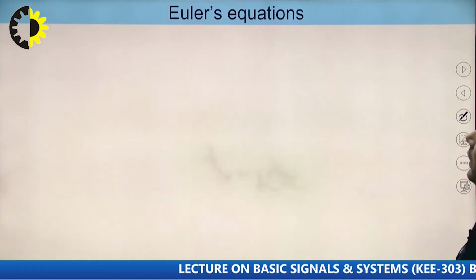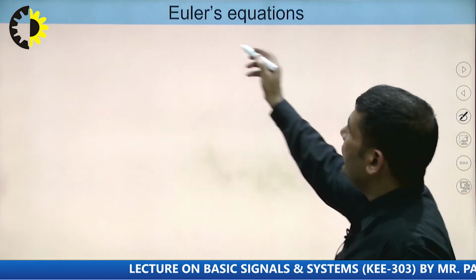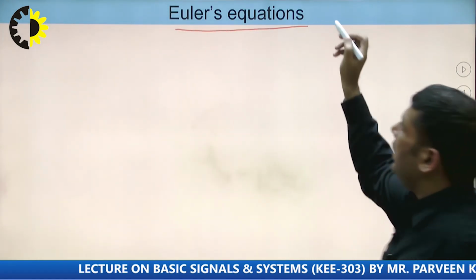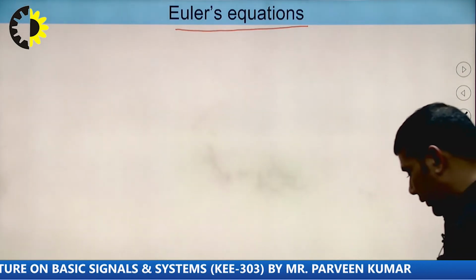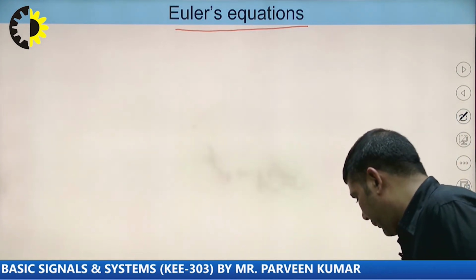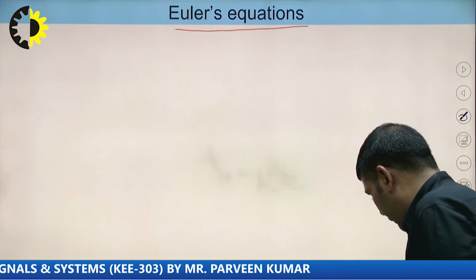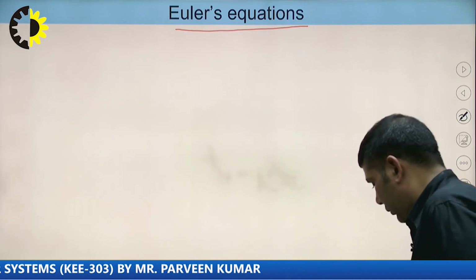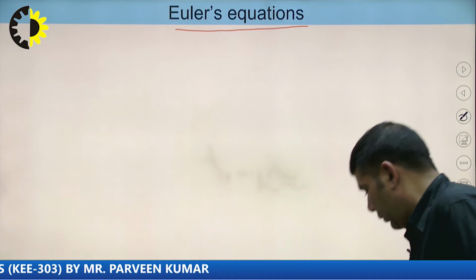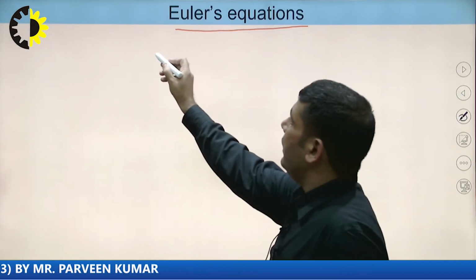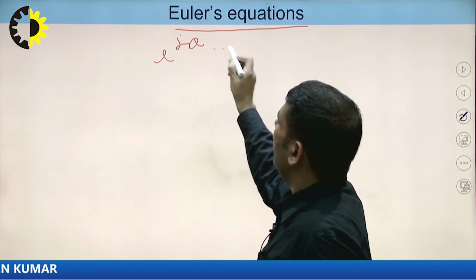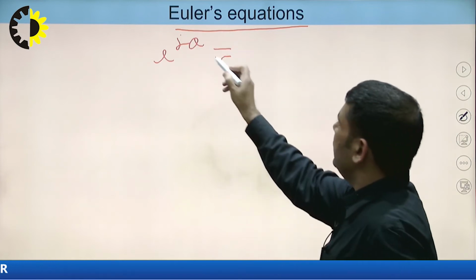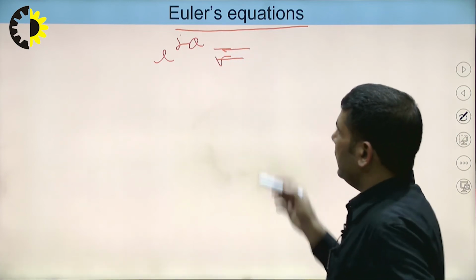The second one is the Euler equations. These are very important equations. Suppose we have any exponential e raised to power j theta.